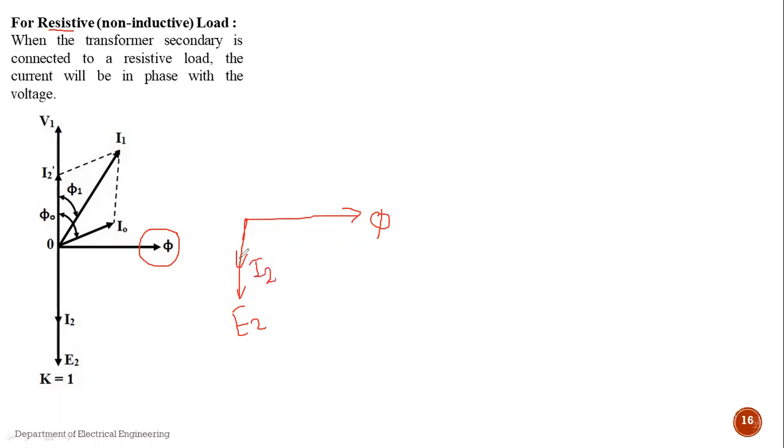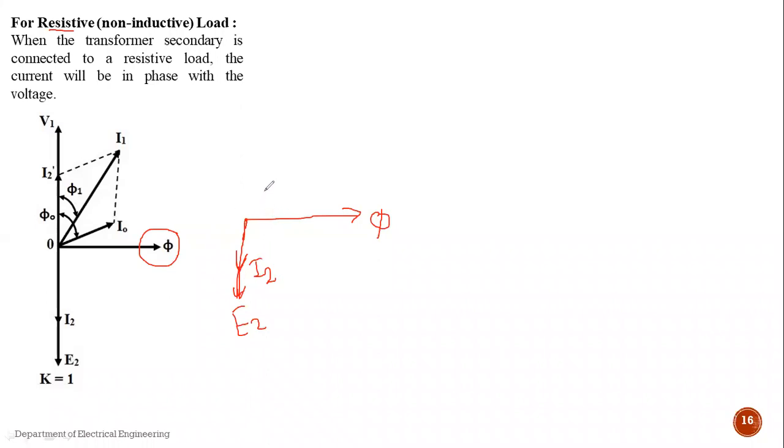See, this phi is due to the current; current मुळेच flux phi होतोय. So the induced EMF can be drawn in the downward direction. Again, due to the resistive load, the secondary current is drawn in phase with E2. E2 च्या phase मध्ये draw केलंय.